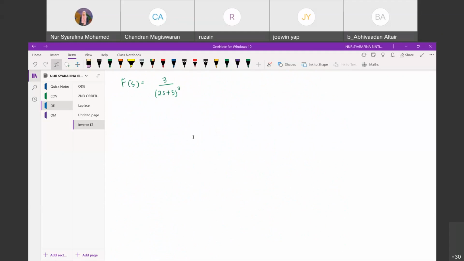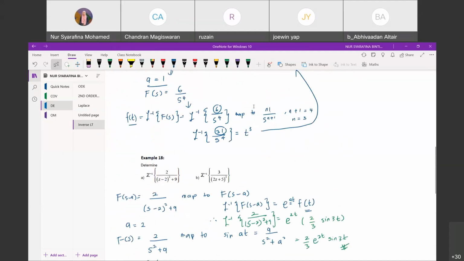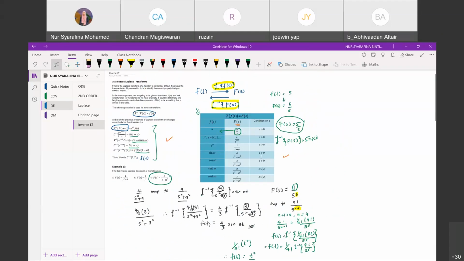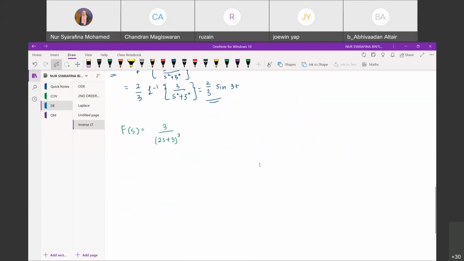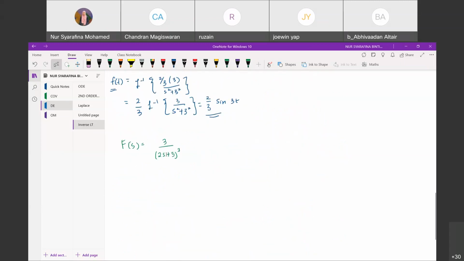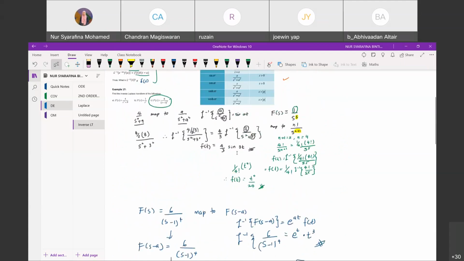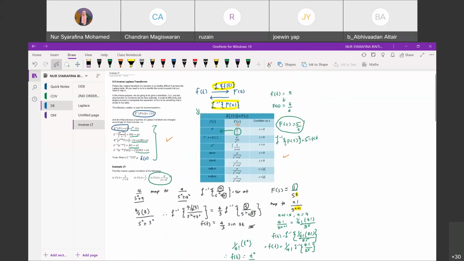You should know that there is no form in the table of transformation that can match this 2s plus 5 cubed. So we have (2s plus 5) to the power of 3. This one is s squared, this one is only s minus a, and this one is the direct Heaviside. So the most suitable one is F(s minus a).